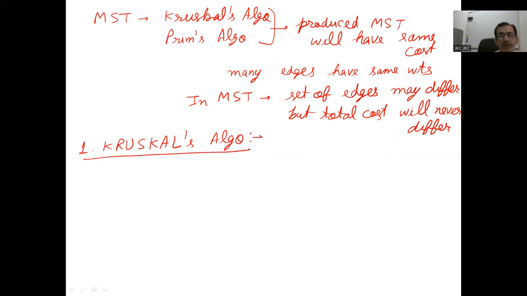Kruskal's algo. This says that effectively my final answer will always be generated as a set. So the answer set will come as an answer.